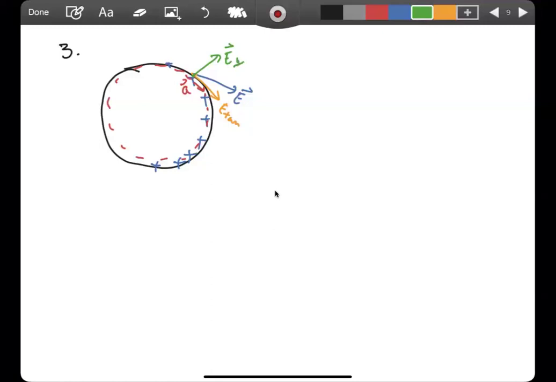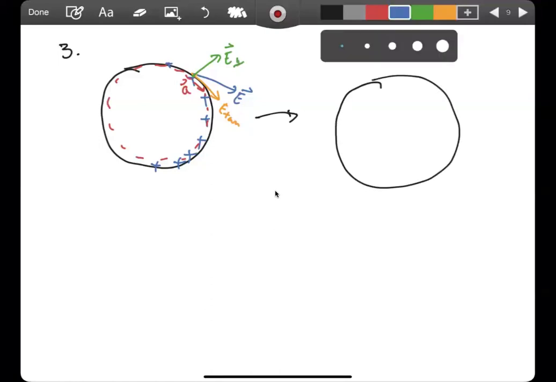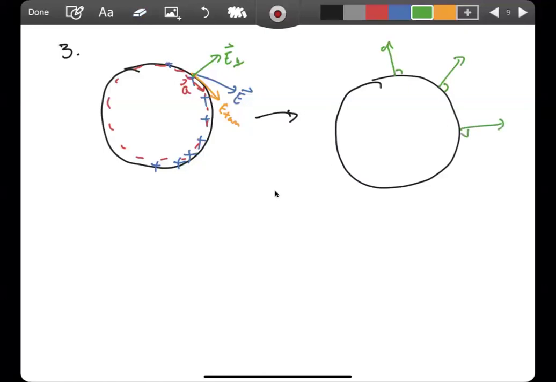So that means, again, that in reality, my conductor, here's my conductor, will only have electric field lines which point perpendicular to the surface. We cannot have any parallel portions of the electric field because in this case, again, they would create a torque, and that torque then would cause them to simply rearrange themselves until eventually they got to the points where they'd only be perpendicular to the field itself.